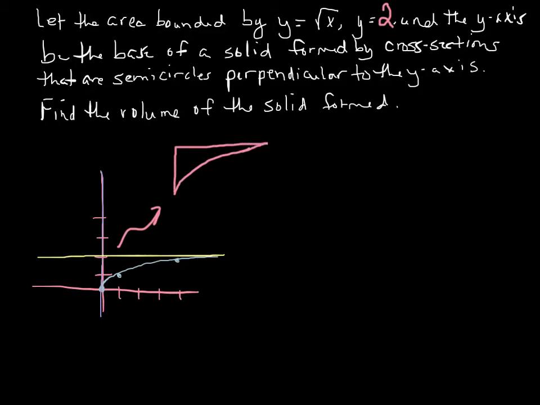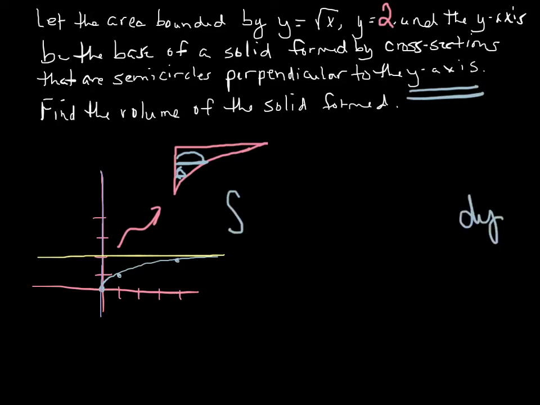And what I'm going to do is draw cross sections perpendicular to the y-axis that are going to be semicircles. So again, imagine you've got just different size semicircles that are going to be your shapes that make this thing 3D. To find the volume, because I'm perpendicular to the y-axis, I know it's going to be a dy problem.